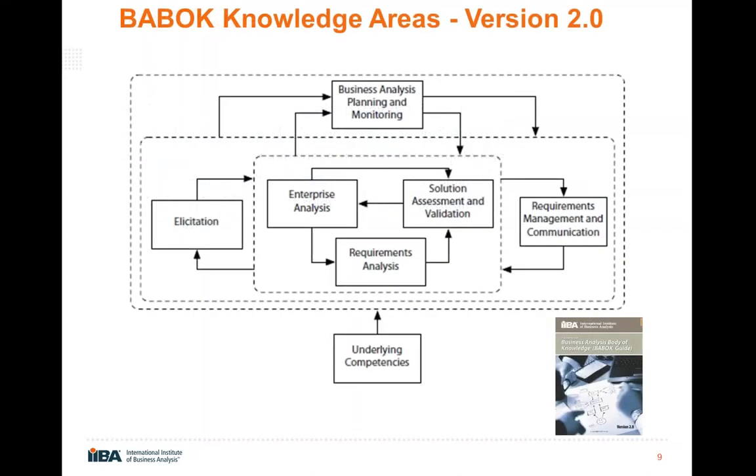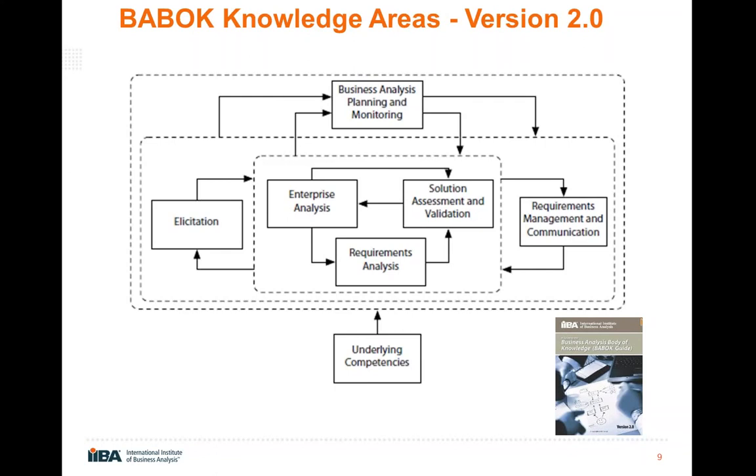For those of you who are familiar with BABOK 2, what you see on the screen is a diagram that depicted all the 6 key knowledge areas of BABOK version 2 and the underlying competencies. If you look at all the 6 knowledge areas and their relationship to each other and the underlying competencies, that's how it was reflected in BABOK 2.